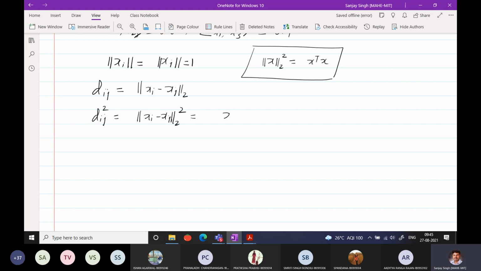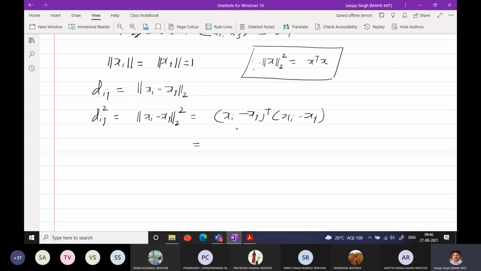From that particular definition, the square of the norm can be written as (xi minus xj) transpose times (xi minus xj). Now we'll just open it up.